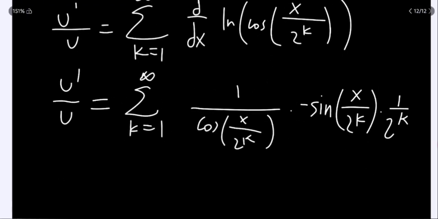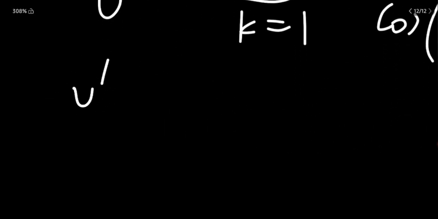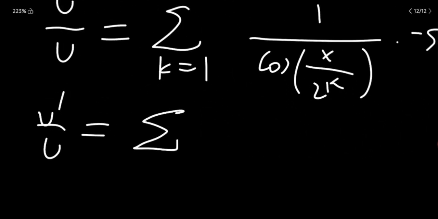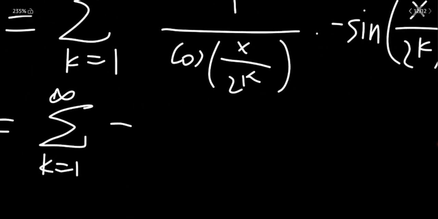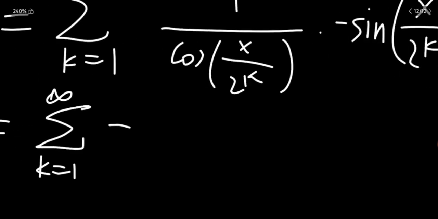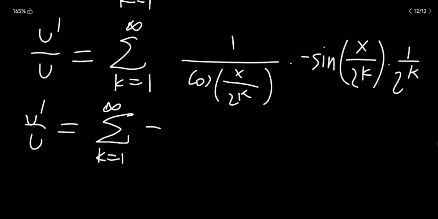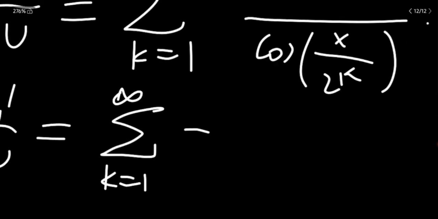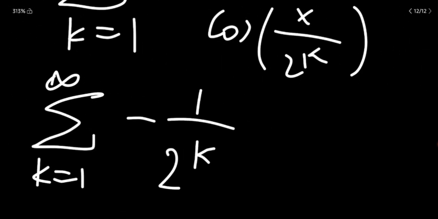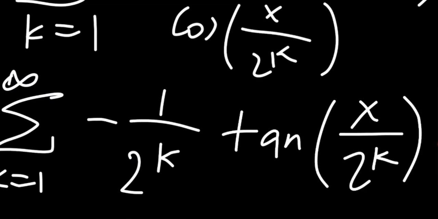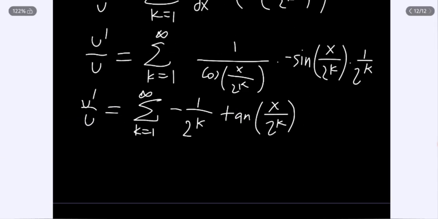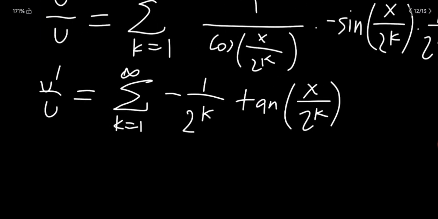Now u prime over u is the summation from k equals 1 to infinity of negative, well, since sine over cosine with the same arguments gives tangent, I'll just write 1 over 2 raised to k first, and then tangent of x over 2 raised to k. That's the expression we have.